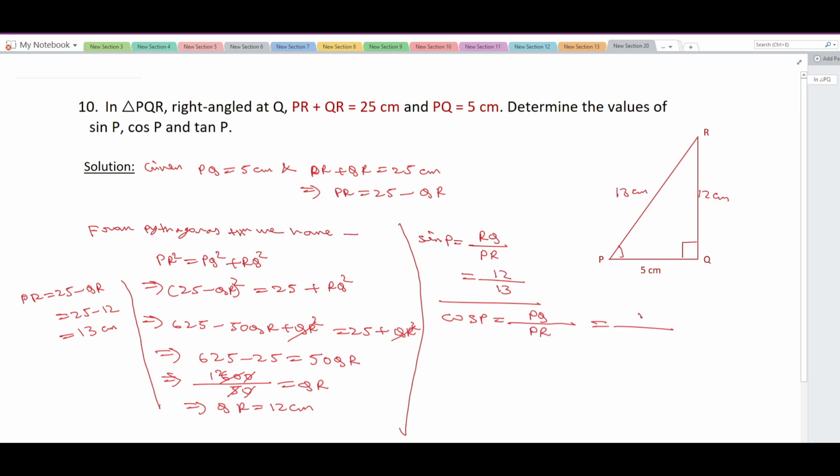Here PQ equals 5 and PR equals 13. And tan P equals RQ by PQ. Here RQ equals 12 and PQ equals 5.